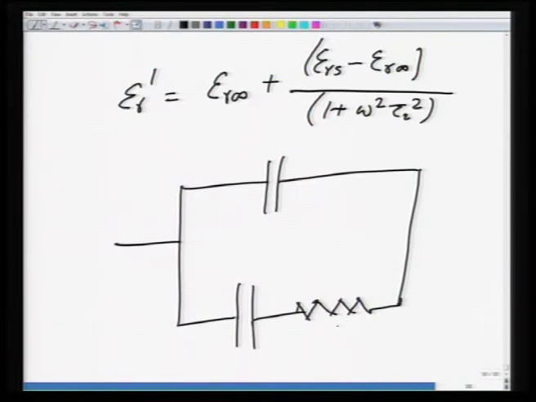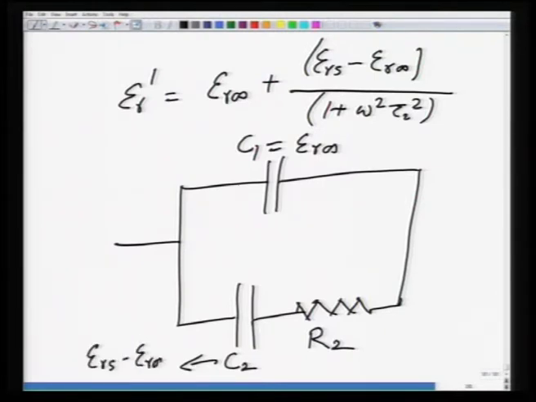So this is your R2, this is your C2, this is your C1. C1 is nothing but epsilon r infinity, and C2 is nothing but epsilon rs minus epsilon r infinity multiplied by C naught.